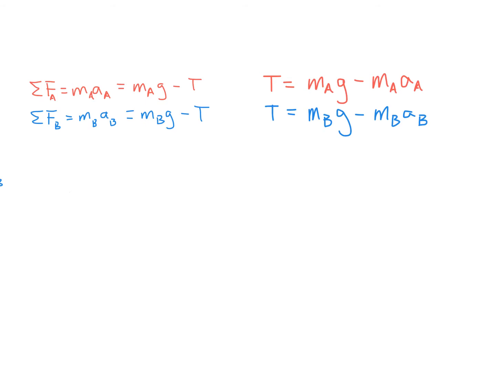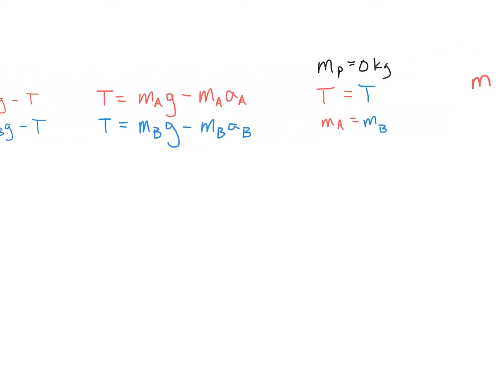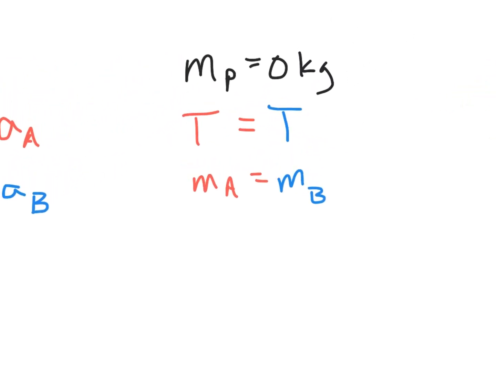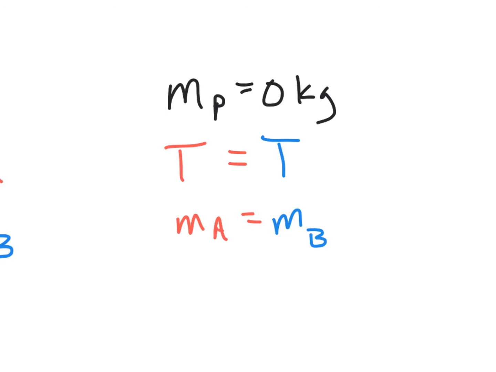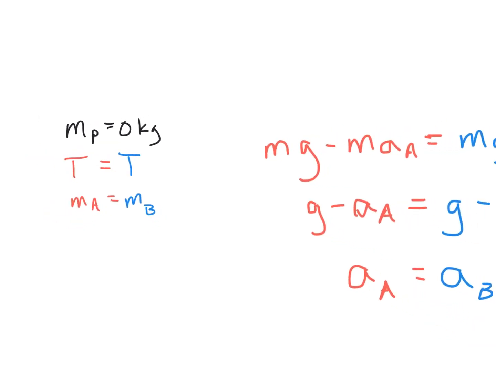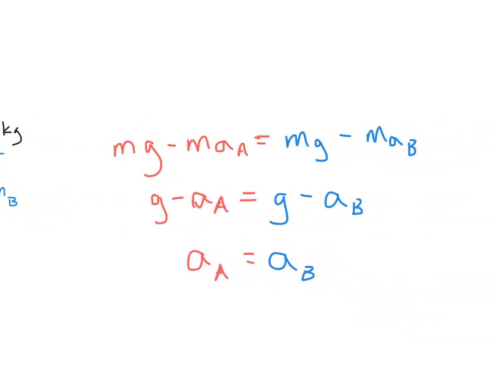Now, since our pulley has no mass, that tells us that the tension on the left side and the tension on the right side are going to be equal to each other. And it tells us in the problem that both of our disks have the same mass, so we can simplify our equations. And we can set our equations equal to each other.